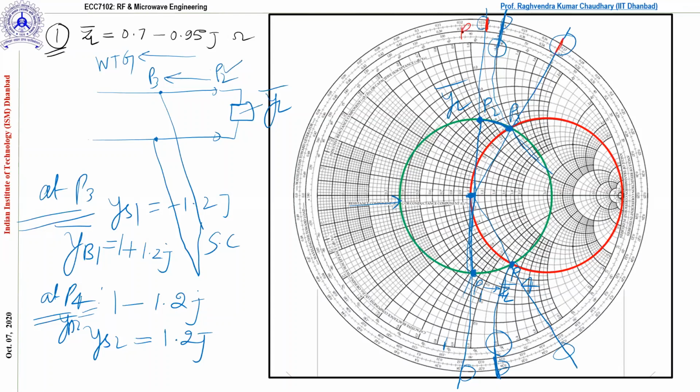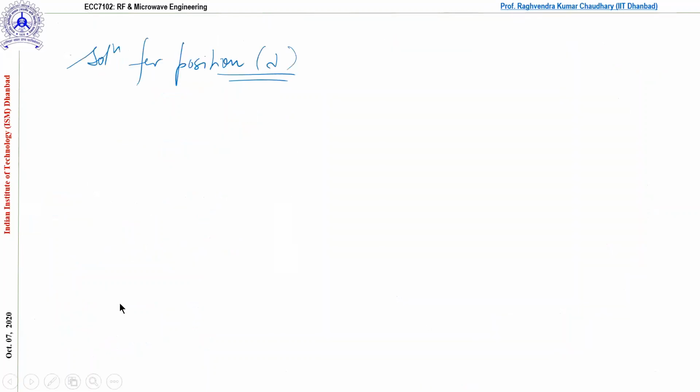Let us make this P2 dash and this P3 dash. If you read the P2 dash scale, P2 dash is 0.109 lambda. Whereas P3 dash, if you read, is 0.168 lambda. Correct?